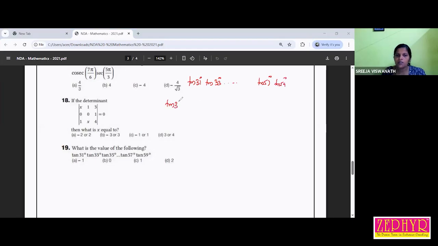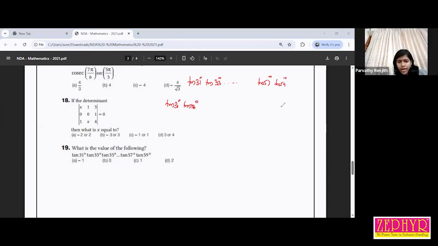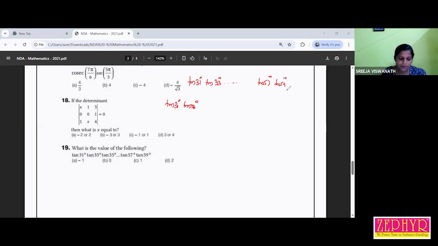How can we solve? Tan 59 can be written as tan of 90 minus 31. 57 is 90 minus 33.